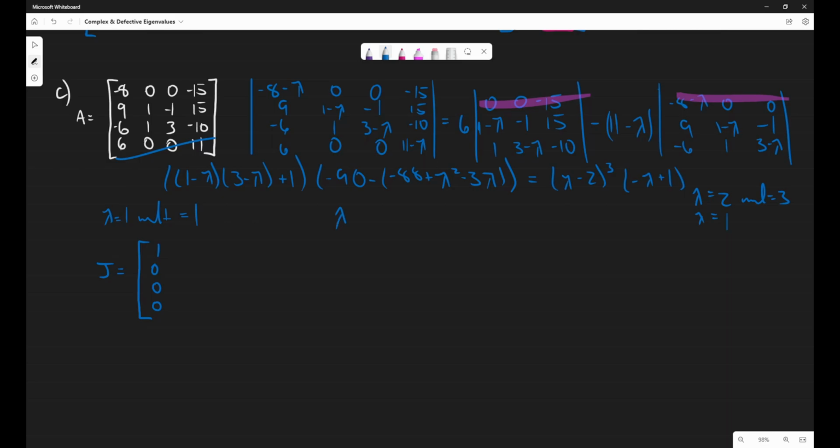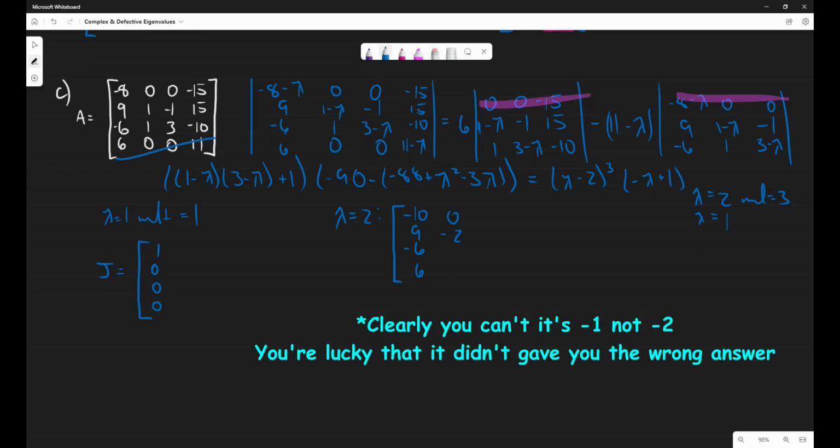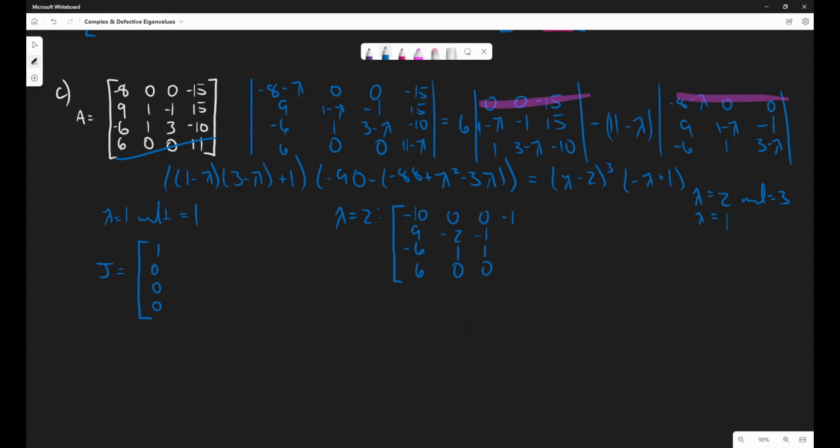So now for the lambda equals 2 case. When we plug it into our matrix, we will get negative 10, 9, negative 6, 6, 0, negative 1, 1, 0, 0, negative 1, 1, 0, negative 15, 15, negative 10, and 11.